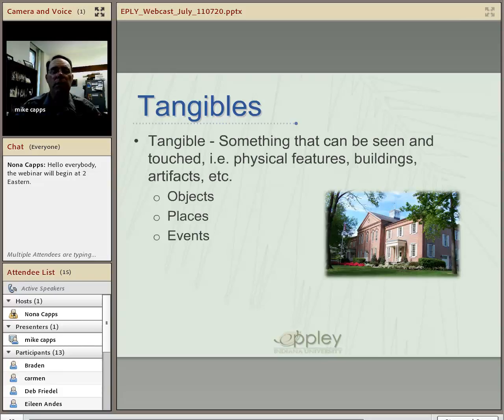However, if that's all the information you get, then that object really has no context. You don't understand the significance of it.